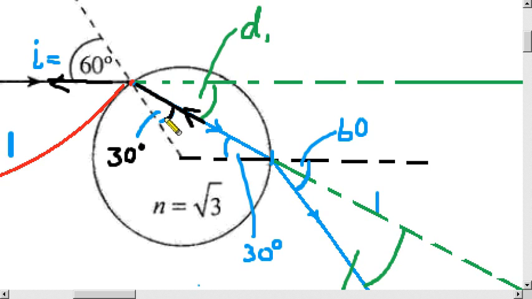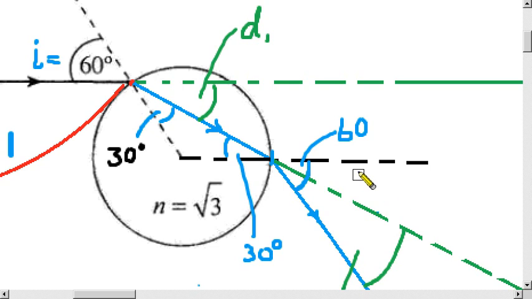So now the incident angle is 30, refracted angle is 60. So here since this incident angle is 30, so refracted angle should be 60. So like that you can assume that this one is 60. Without calculation you can do it.